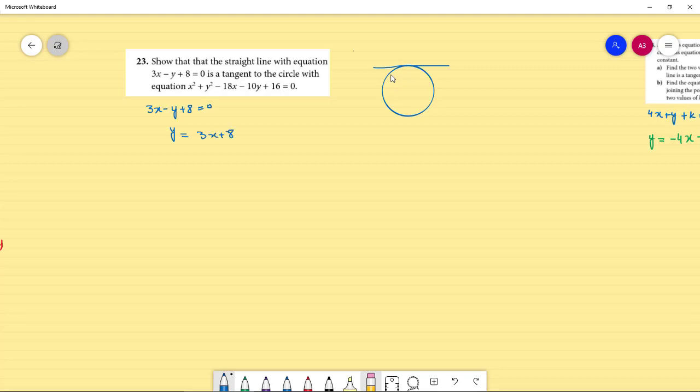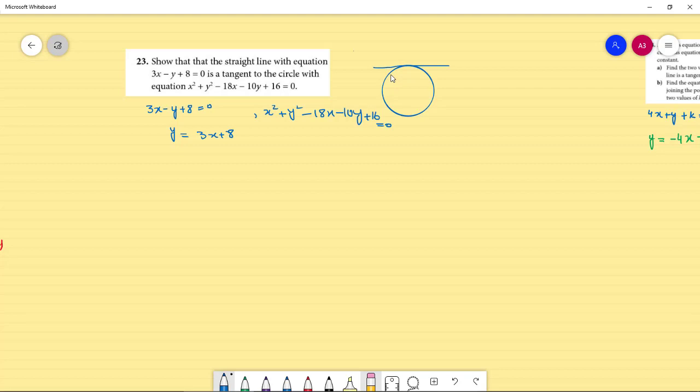So y is 3x plus 8, then the circle equation is x squared plus y squared minus 18x minus 10y plus 16 equal to 0. So put this value of y into this equation.